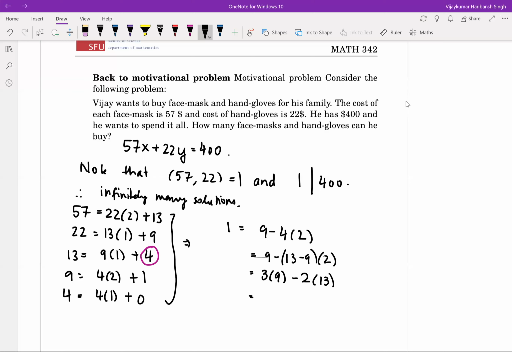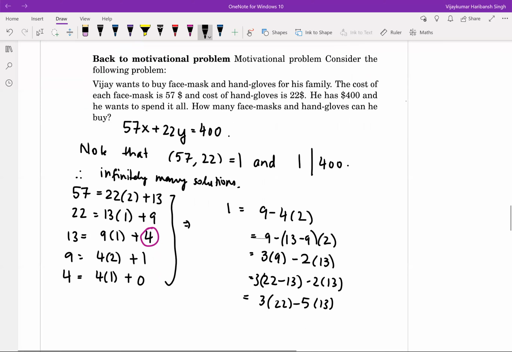Then I'll replace back 9 as 22 minus 13. So 3 times that minus 2 times 13. This will give me 3 times 22 minus 5 times 13.